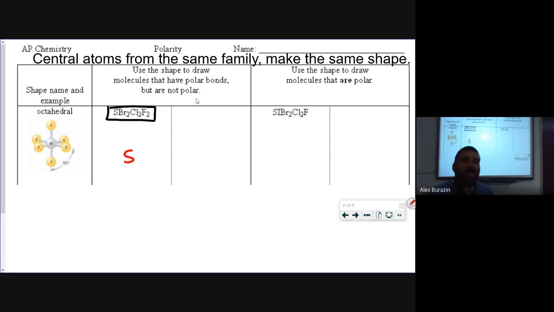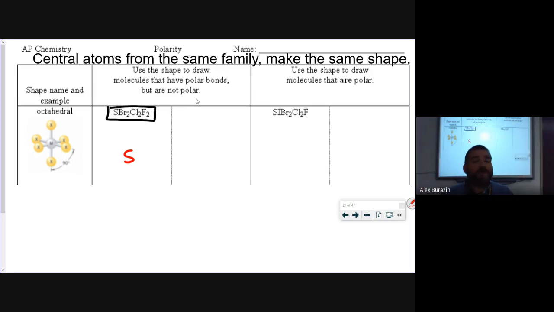Okay, so polar bonds. Let's talk about polar bonds from back in topic 2.1. Now, polar is implying a positive region and a negative region, or a positive end and a negative end in chemistry. So when I say a bond is polar, I'm implying that one of the atoms of that bond is partially negative charged. The other atom in that bond is partially positive charged.